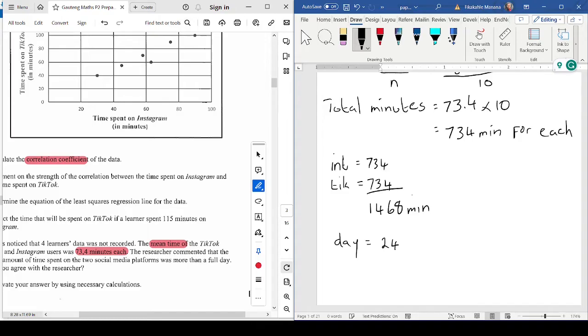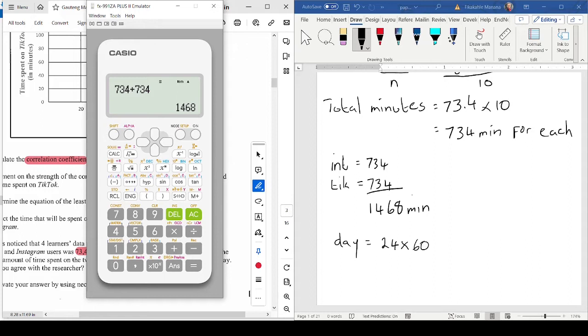It has 24 hours. To convert 24 hours into minutes, I multiply this by 60, because there are 60 minutes in an hour. So let's go 24 times 60. This is just to convert. Now we know a day has 1440 minutes.